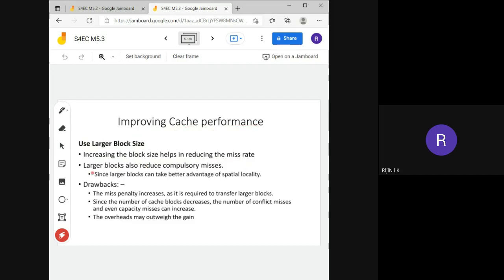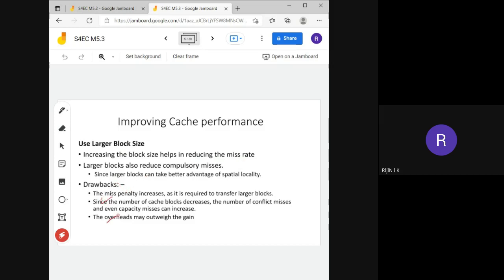Larger blocks also reduce compulsory misses, because larger blocks can take better advantage of spatial locality. But there are some drawbacks to using this larger block size. It improves the cache performance by reducing the miss rate, but there are some drawbacks.